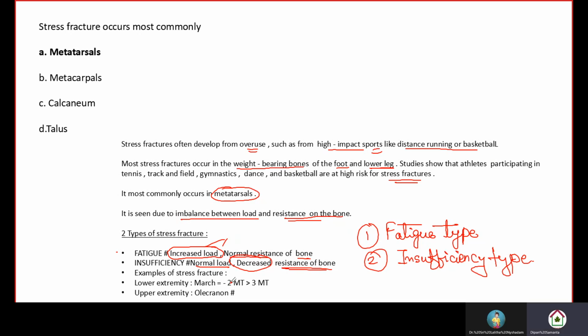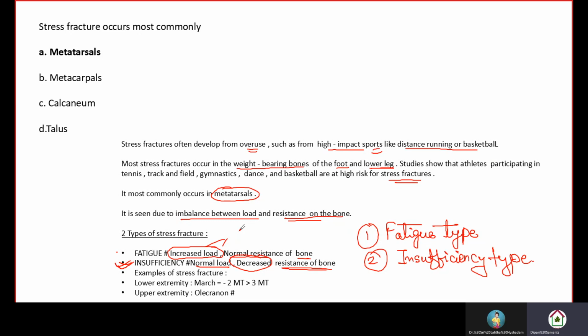So two types of stress fractures, and insufficiency type may occur due to deficiency of calcium or phosphorus. But fatigue type occurs due to abnormally increased load, which is much more than the capacity of the bone to hold.